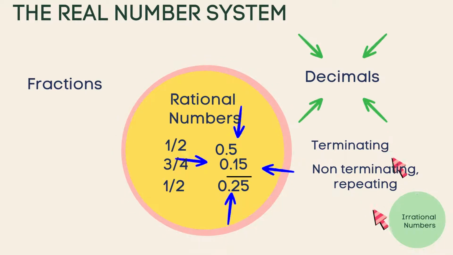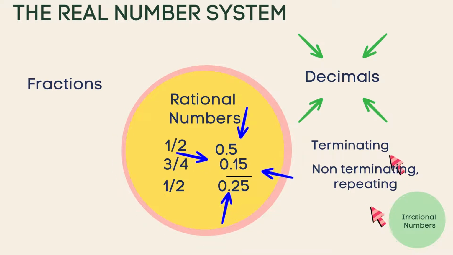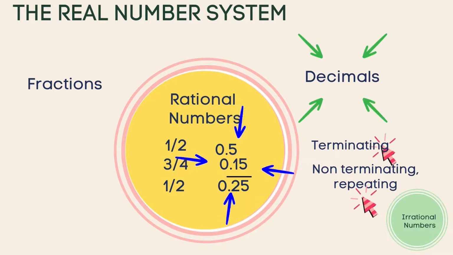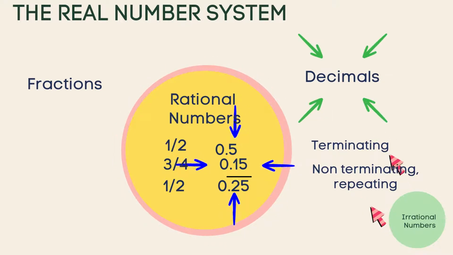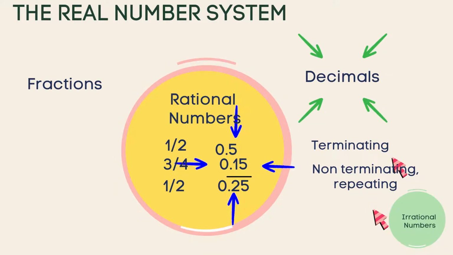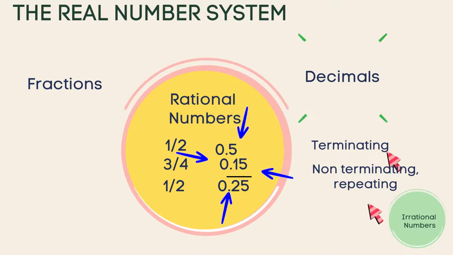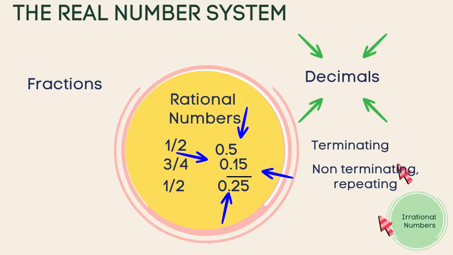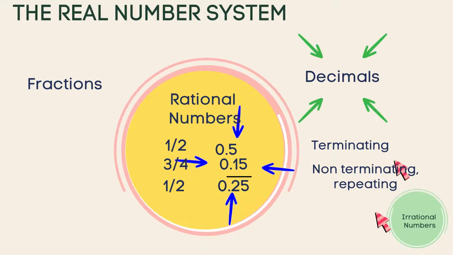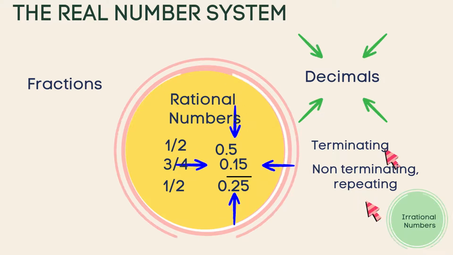Another type of decimal that can be considered as rational numbers are the non-terminating and repeating decimals. These are the decimals with repeated numbers with an ellipsis at the end, or some are written with a bar on the top, just like 0.25 bar. That is an example of a repeating decimal.